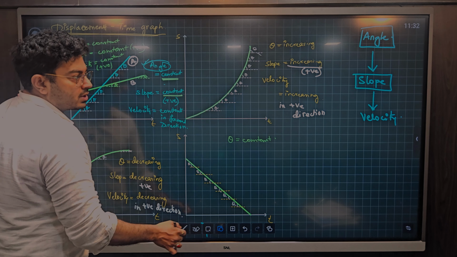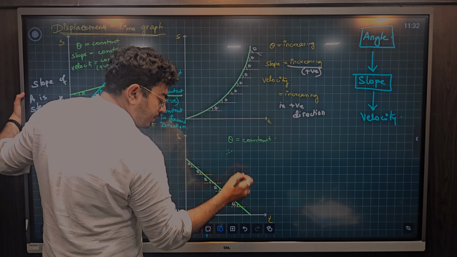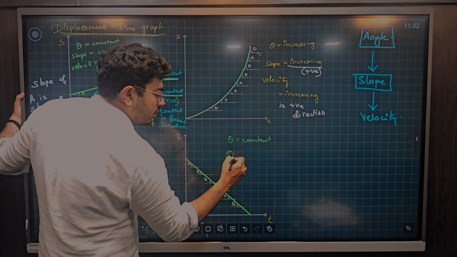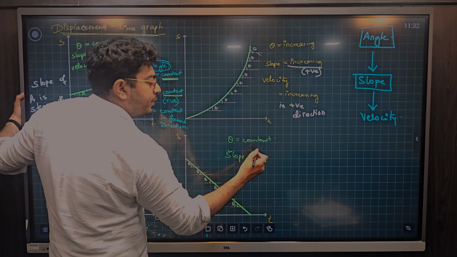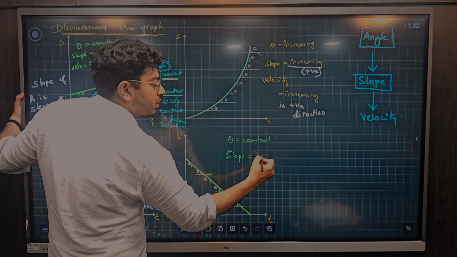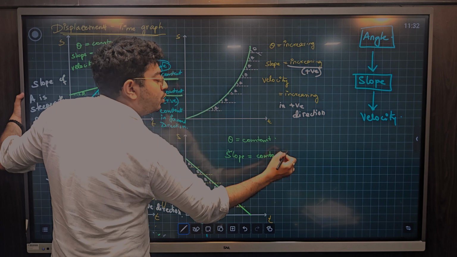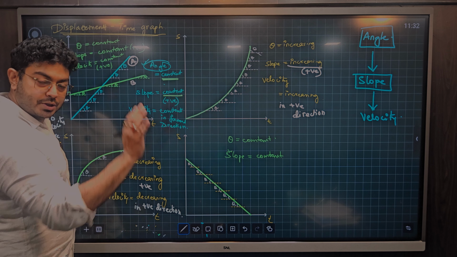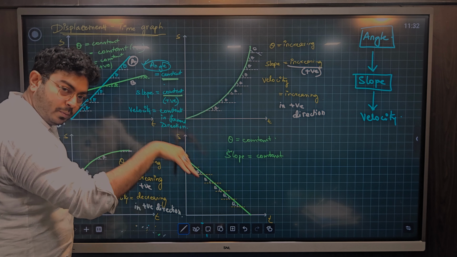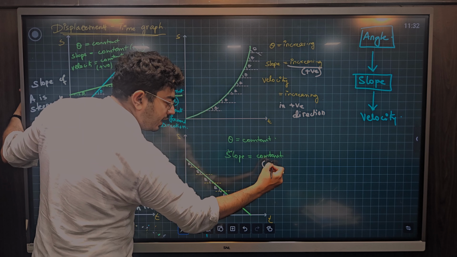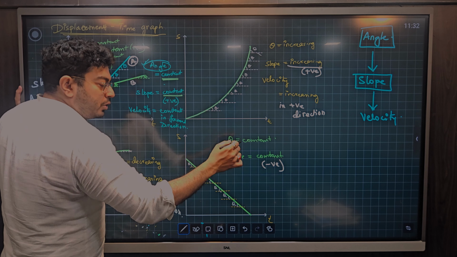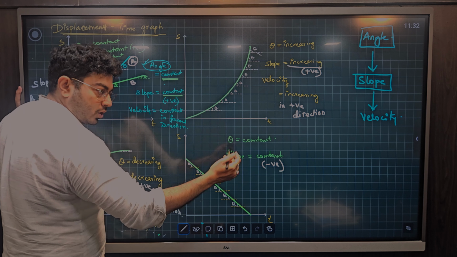So when theta is constant, what can we say? Slope is constant. What type of slope is there? Positive or negative? It's a downward slope. So that means we are going to write here negative. So theta is constant, slope is constant.